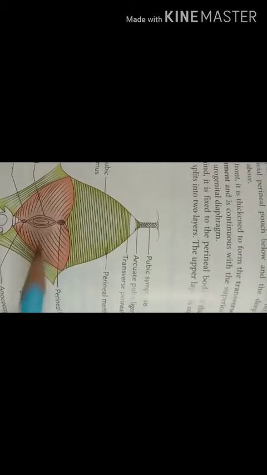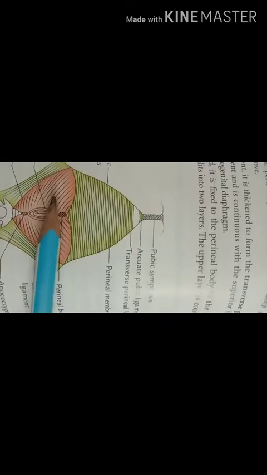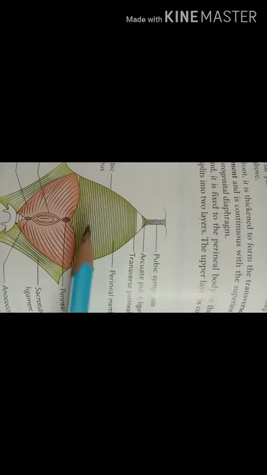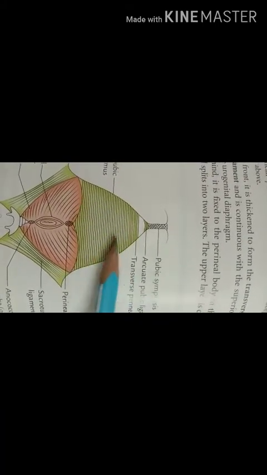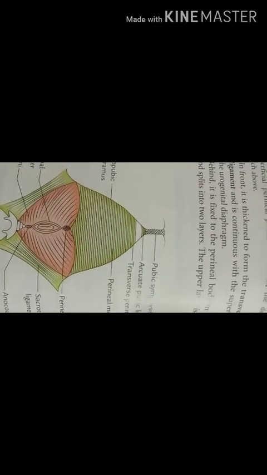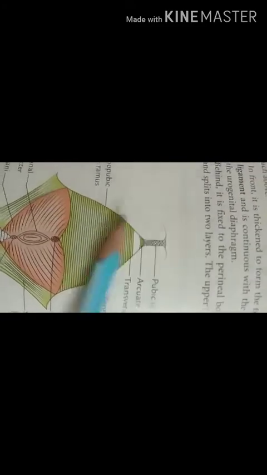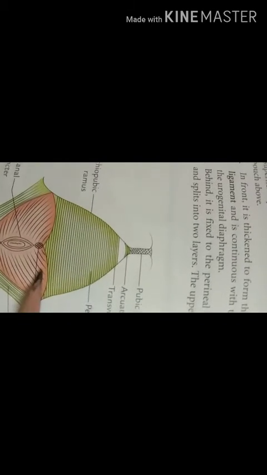And in the midline it splits into two layers: the superficial layer, which is continuous with the superior fascia of the urogenital diaphragm, and the lower layer, which is continuous with Colles fascia.